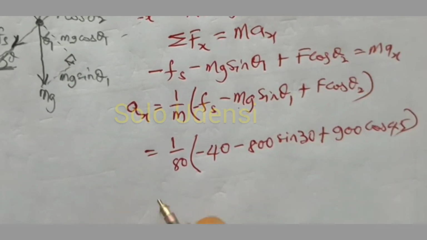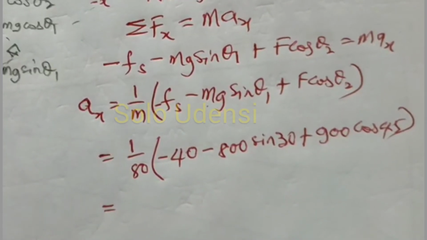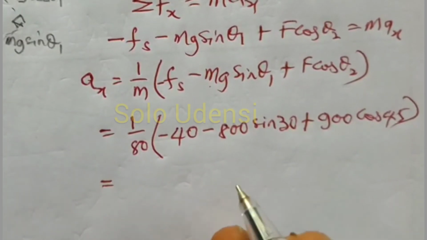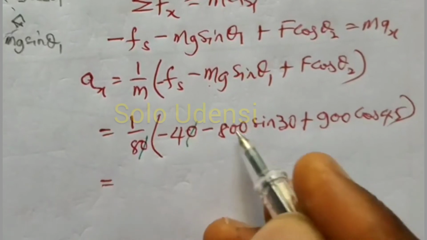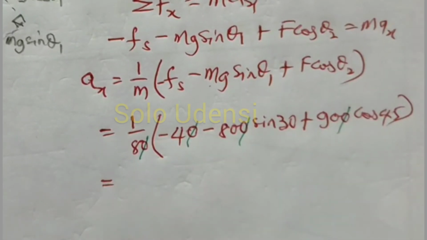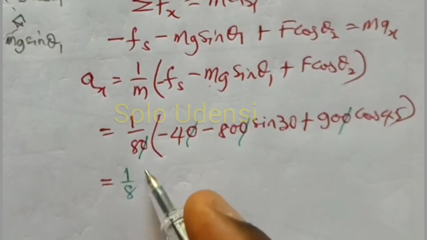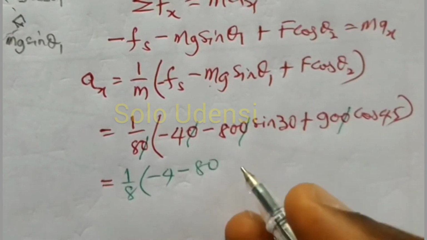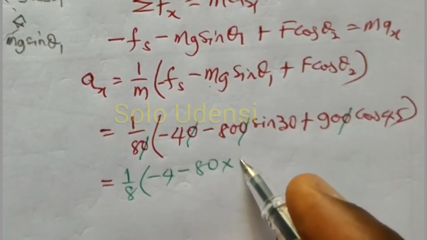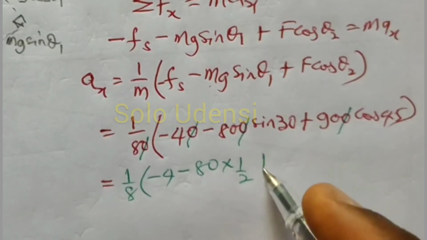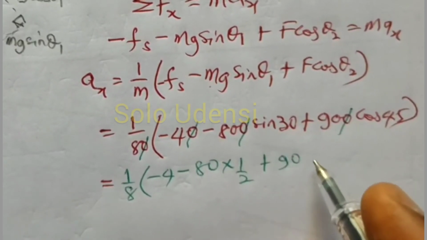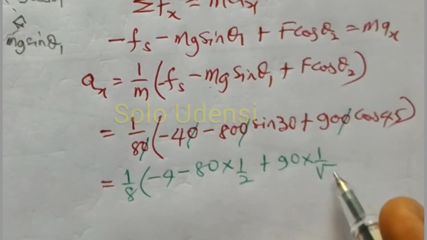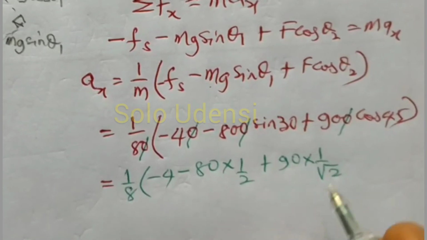Let me use, you can see that this one will cancel one. So we have 1 over 8 into minus 4 minus 80 sine 30, which is a half, plus 90 cos 45, which is 1 over root 2.